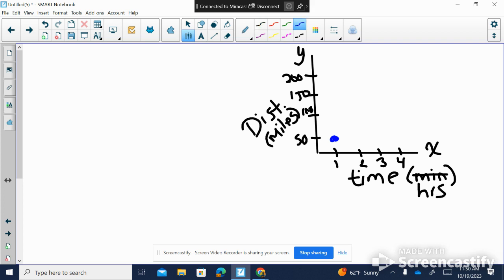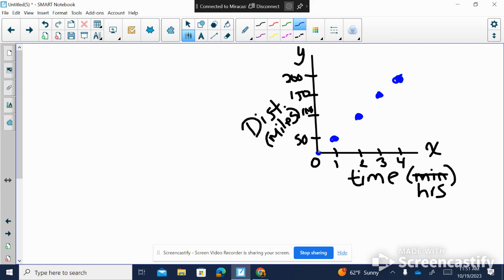Anywho, in 1 hour, I've gone 50 miles. Okay? And then in 2 hours, we've gone 100 miles. Okay, and then we're going to keep continuing. In 3, I went 150, and in 4, we went 200.